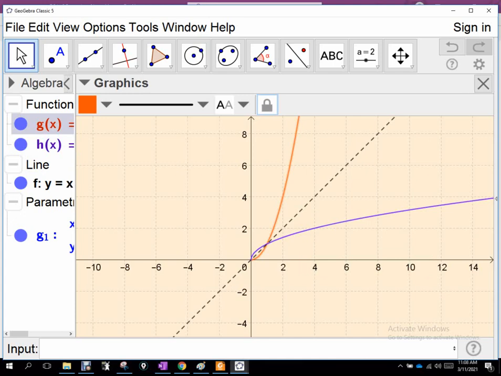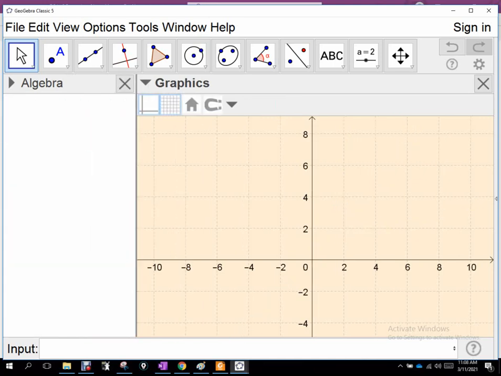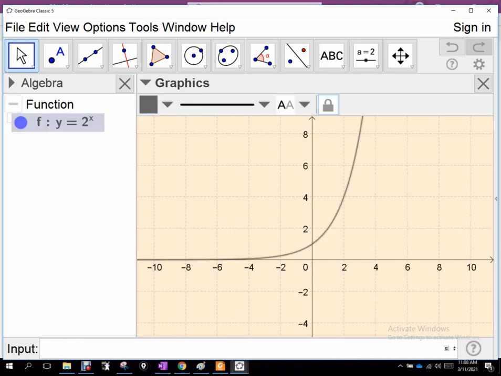An exponential has the same thing. I'm going to show you an exponential function. Remember, with exponentials, we can change the base to whatever we want it to be. So I'm going to just say 2, and I'm going to raise it to the x. We got that function right there, correct?